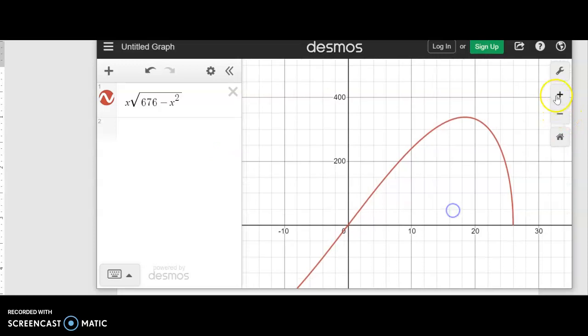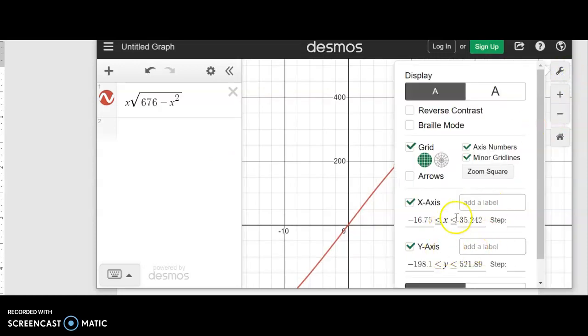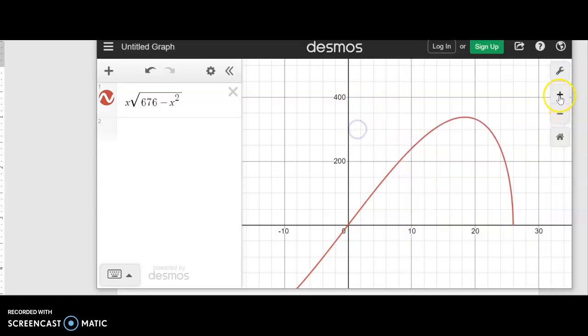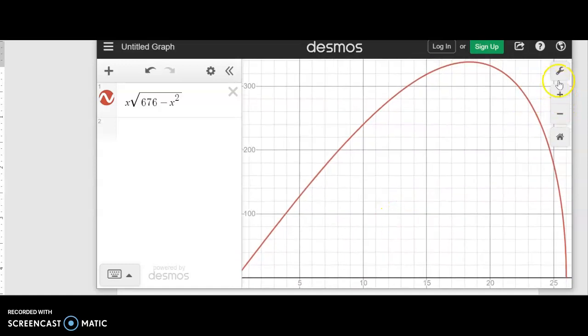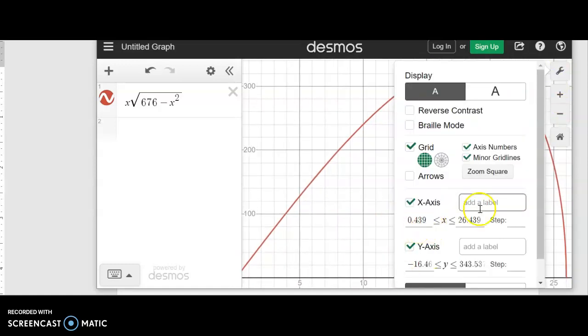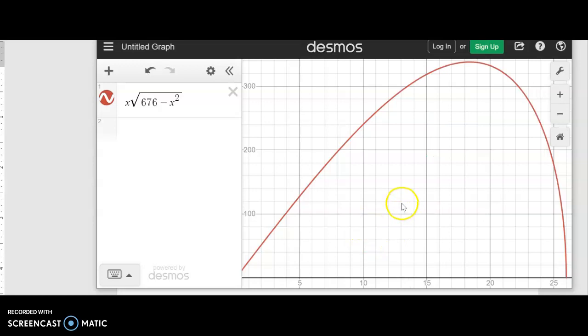I can zoom out a little bit, but anyway, you get the idea that this is how you do max and mins in Desmos, and then they just changed because I clicked on my zoom button. Right, that's pretty close to what you're looking at in my math lab, and that's pretty close to 0, 26, 0, 360. So I think that's the correct answer.